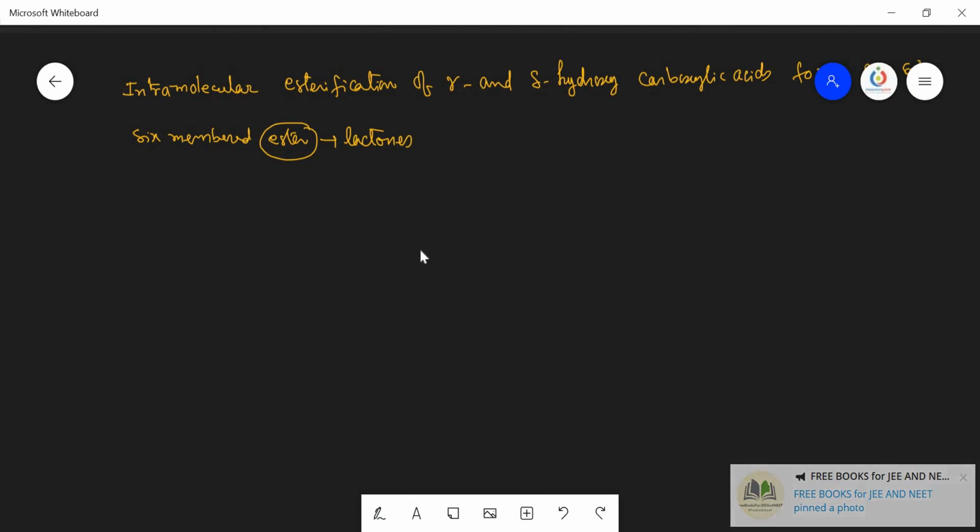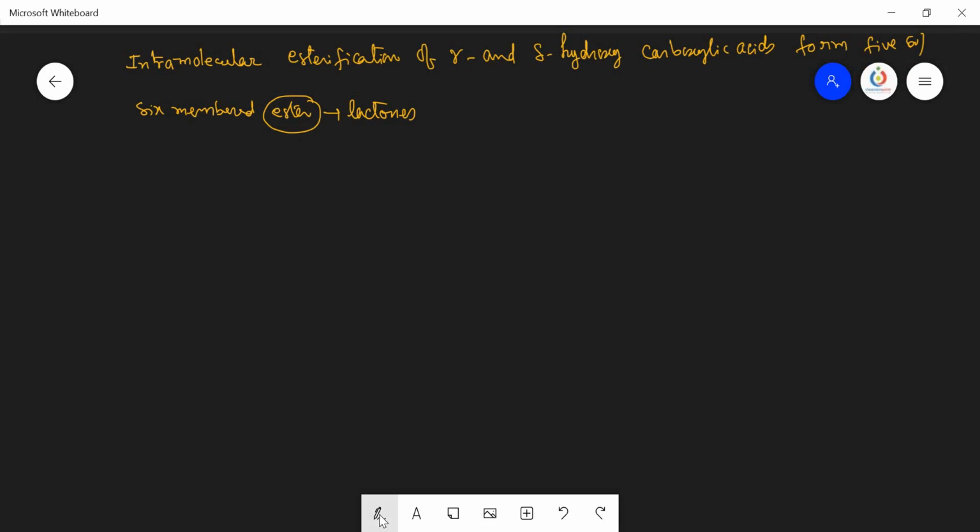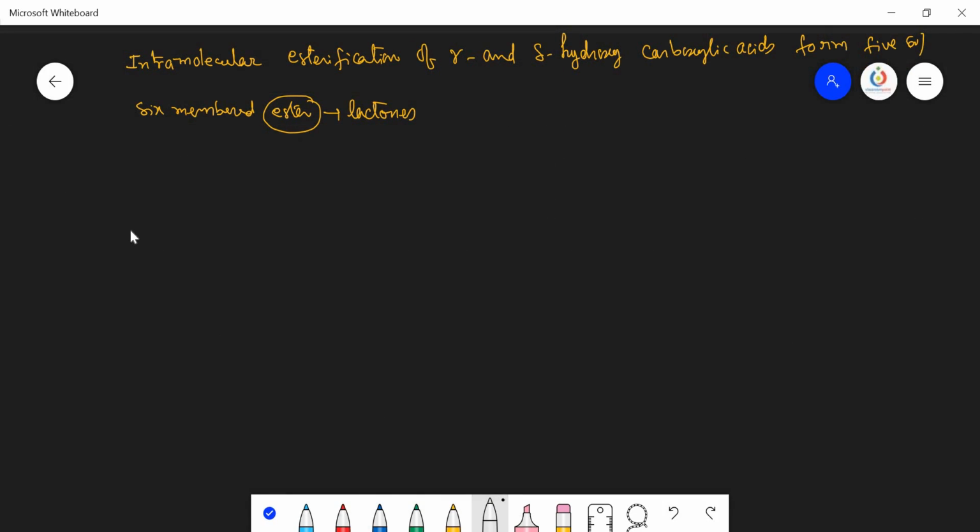So what are gamma and delta hydroxy carboxylic acids? I'll introduce that now. One example. Apart from the main functional group carbon, the next carbon is called the alpha carbon. This is beta carbon. This is gamma carbon. So 1, 2, 3, 4. At least 4 carbon atoms must be there.